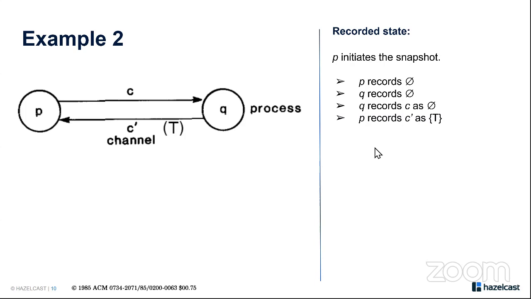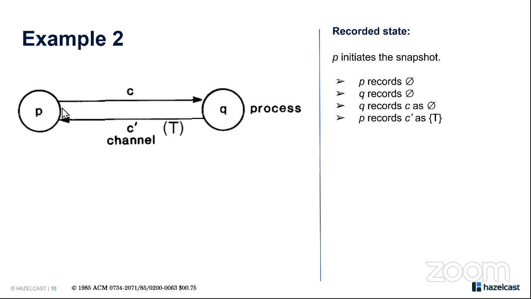And how does it know? Process Q sent the marker after it recorded its state, but since this channel is first in, first out, on the channel is the token, and behind it there is the marker. Eventually the process P receives both these items, and it must receive the token first and then the marker.